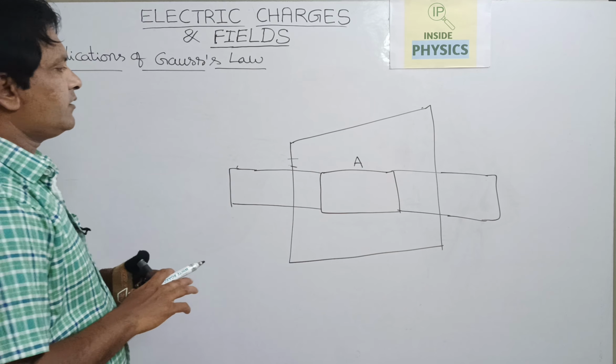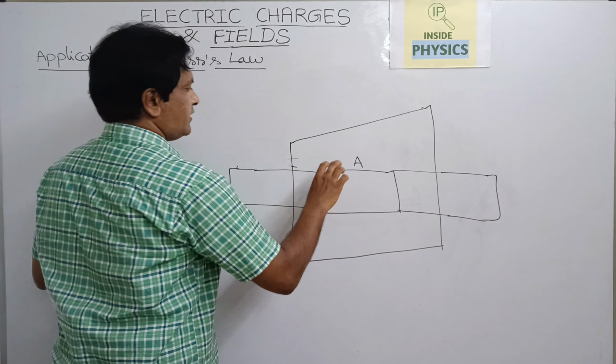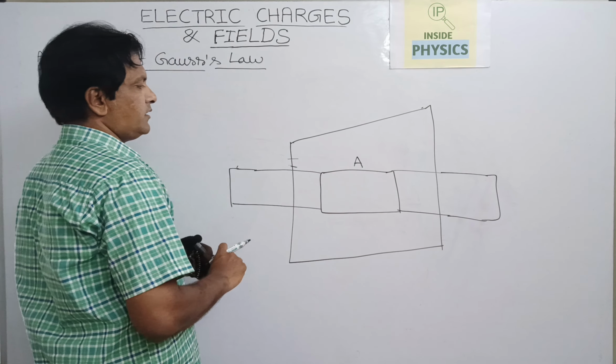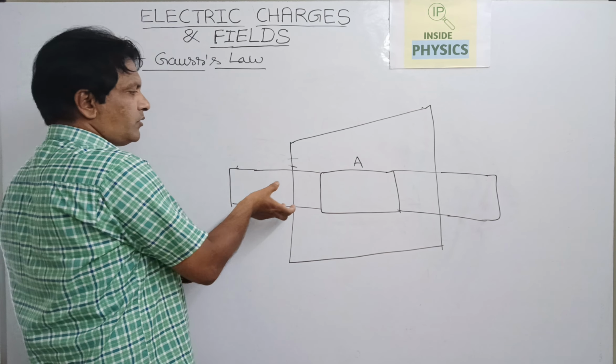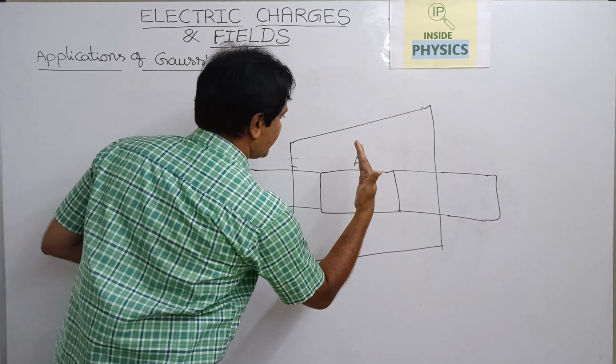This rectangular box must be imagined. If this is the plane sheet, this is the area of concern. There must be a rectangular box on this side and this side.